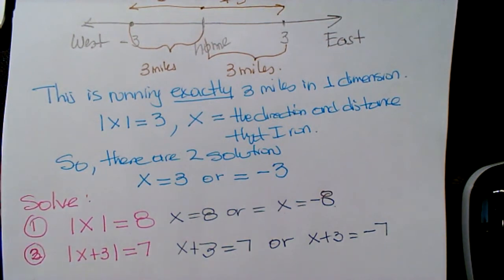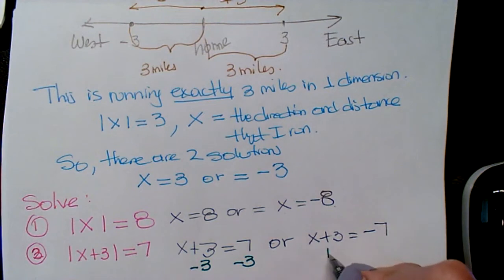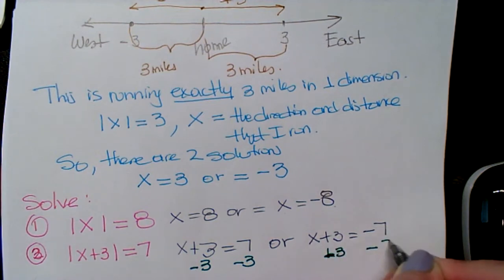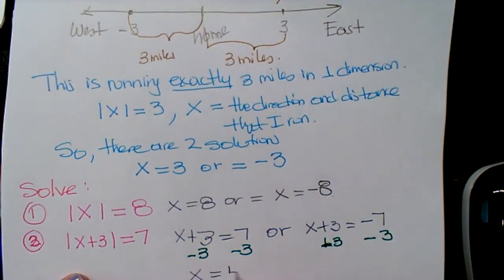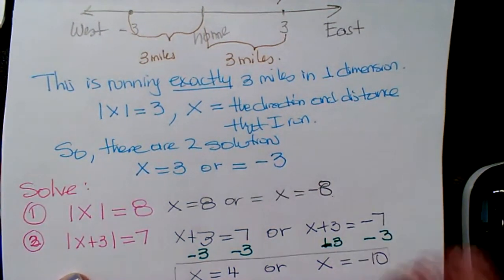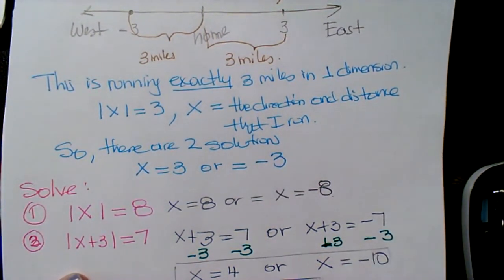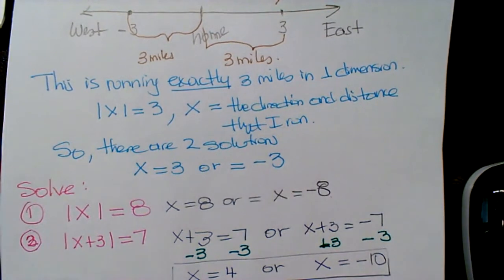I need to make a 0. How do I make a 0? By subtracting 3 on both sides. So what do I get? x is equal to 4, or x is equal to negative 10. And this is going to be my answer.